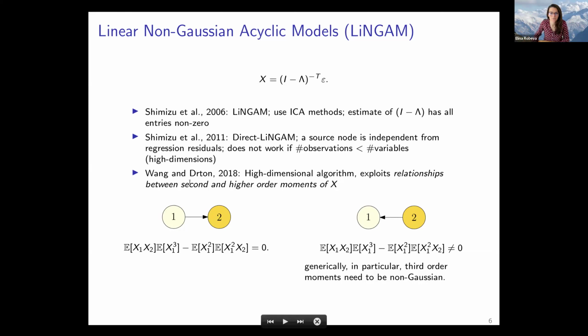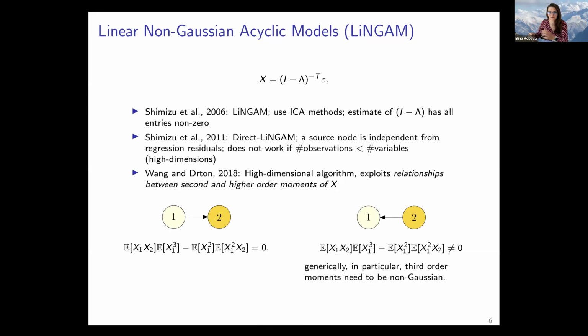And their algorithm of Wang and Drton uses this precise equation basically to learn the whole graph, because if you take a source node and any other vertex of the graph, this equation will be 0. So this allows you to identify all the source nodes, and then you can regress on them in the data, take the residuals, and then you have data that arises from this graph without the node 1.